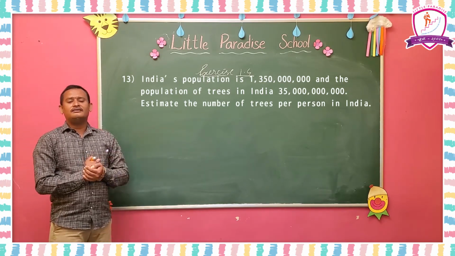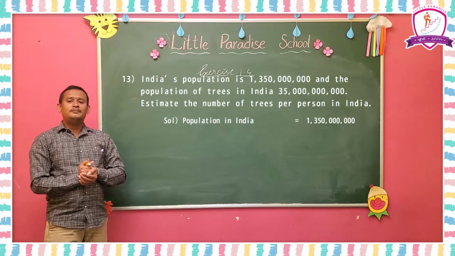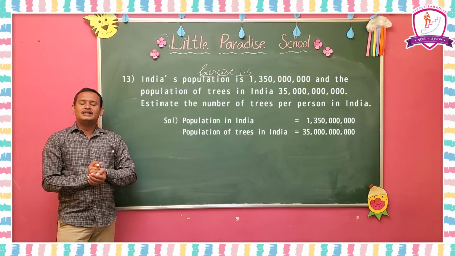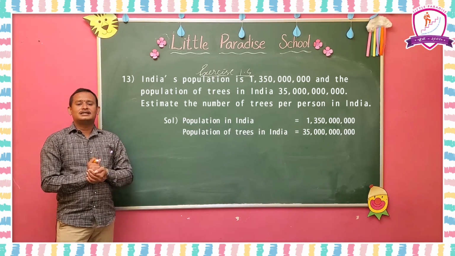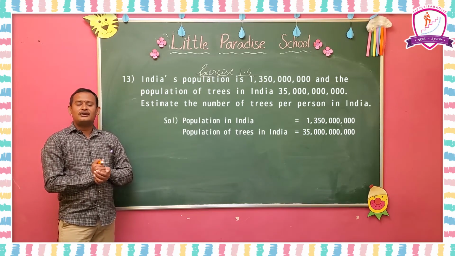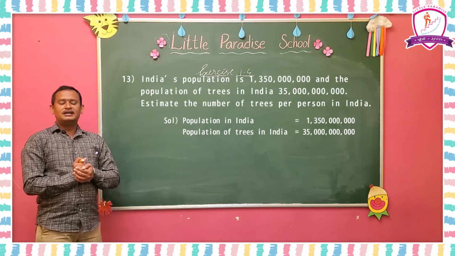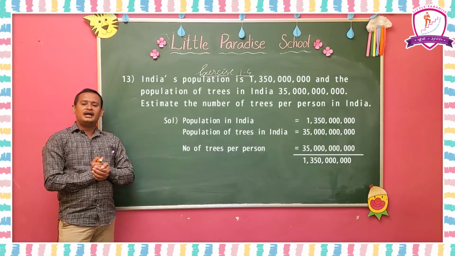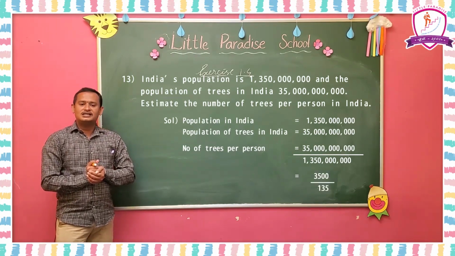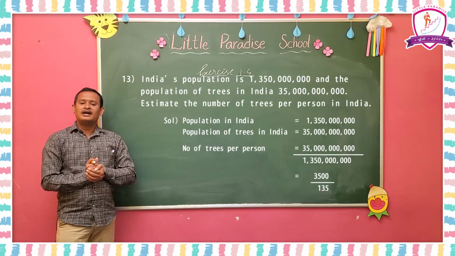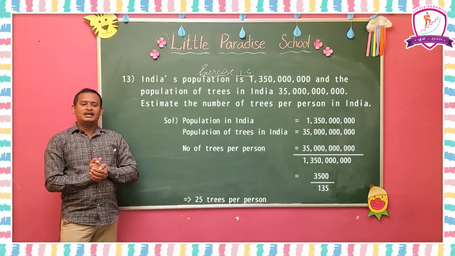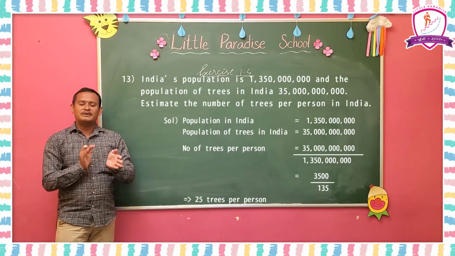The number of trees per person means we have to divide: 35 billion divided by 1,350,000,000. Cancel the zeros, and 3,500 divided by 135, when you do the division, you get nearly 25. So there are 25 trees per person.